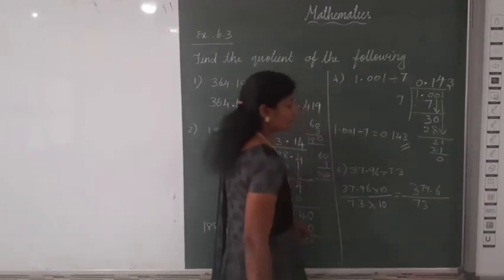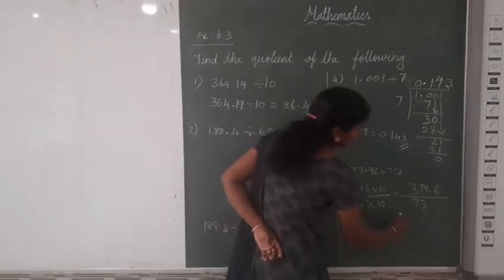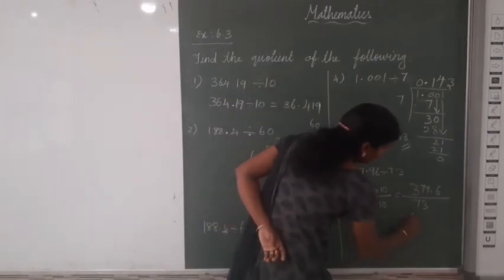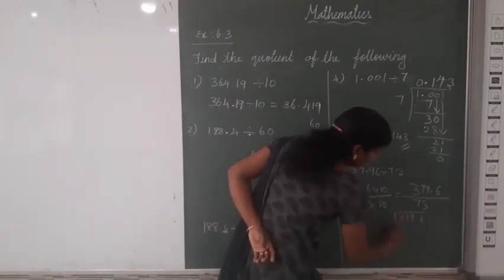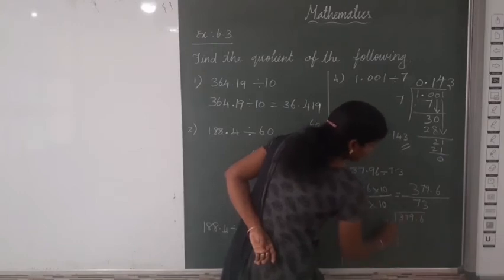379.6. Okay. Now we can divide 379.6 by 73.